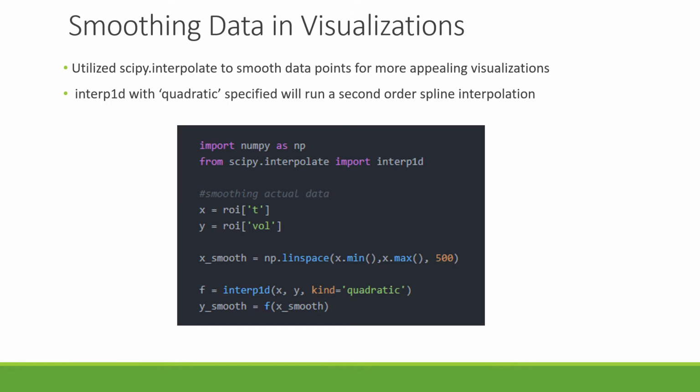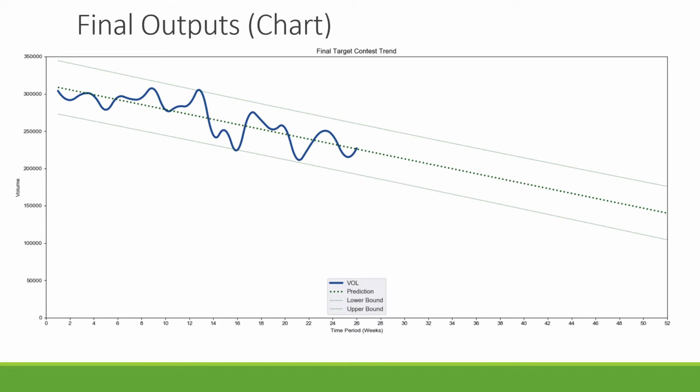That is going to give you some of those smooth curves when the trend is both moving up and down over time. And to show what that looks like, here's the final output of the trend. The dark blue line here is the smoothed data, which is the actual volume of all of the targets, and then you can see the regression line running through the middle there.